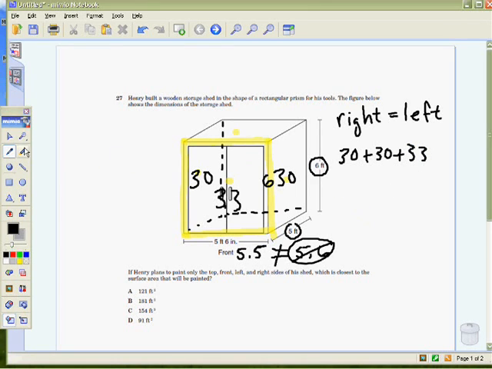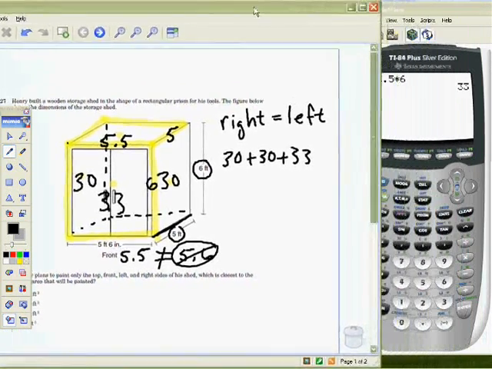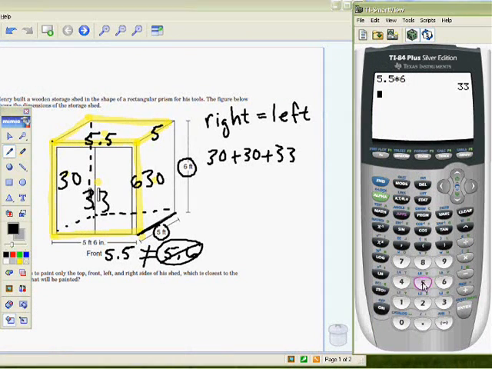And now I need the area of the top piece. If this part right here is 5, then this part up here is 5 as well. And if this part down here is 5.5, then this part up here is 5.5 as well. So the top piece is 5.5 times 5, and it gives me 27.5.